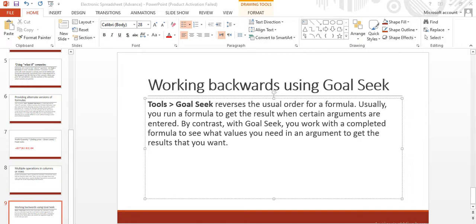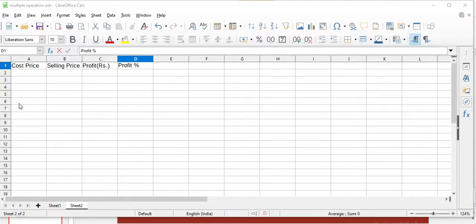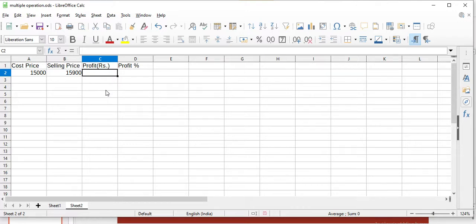I will show you an example so you can understand very clearly. Here I am explaining one situation. If I am buying a mobile for 15,000 rupees, and I am selling it for 15,900 rupees, then to find the profit in rupees I write the formula selling price minus cost price.